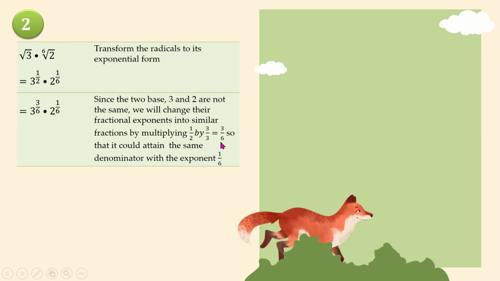Because 3 over 6, if reduced, is still equal to 1/2, so that it attains the same denominator as the second exponent 1/6.